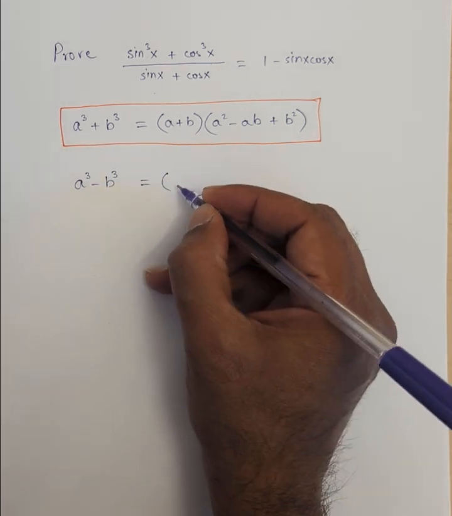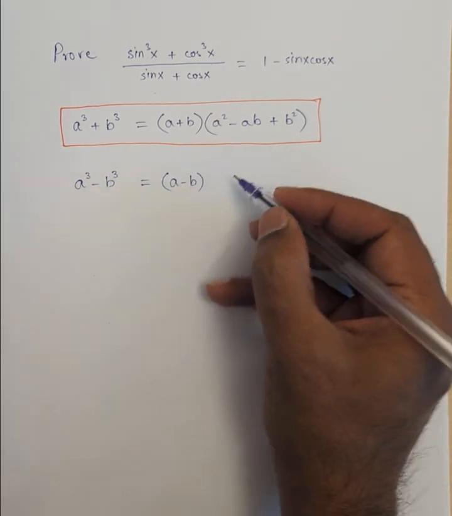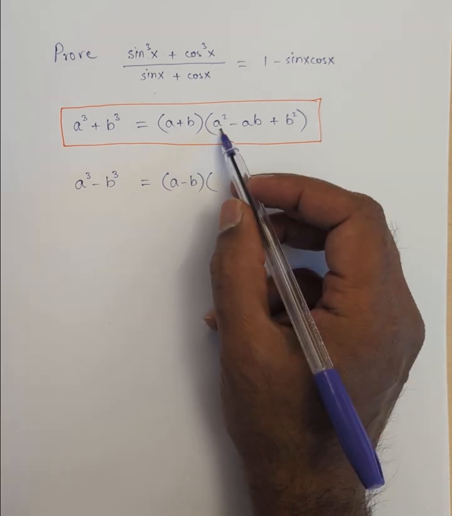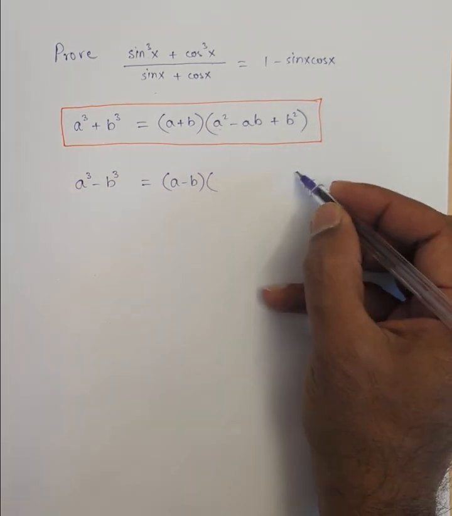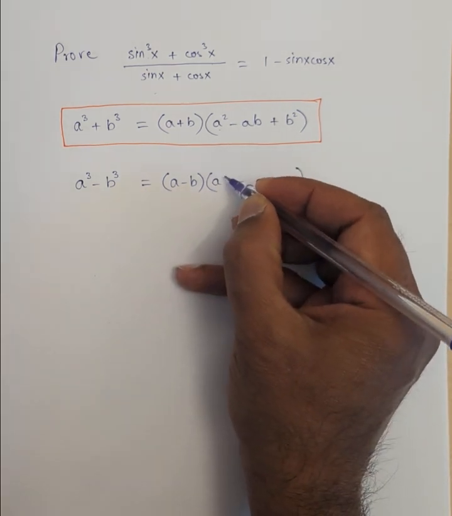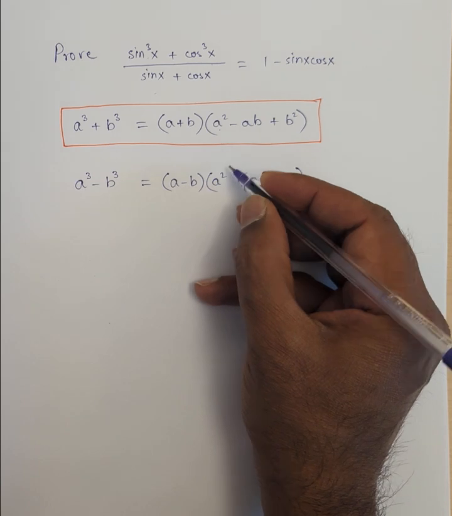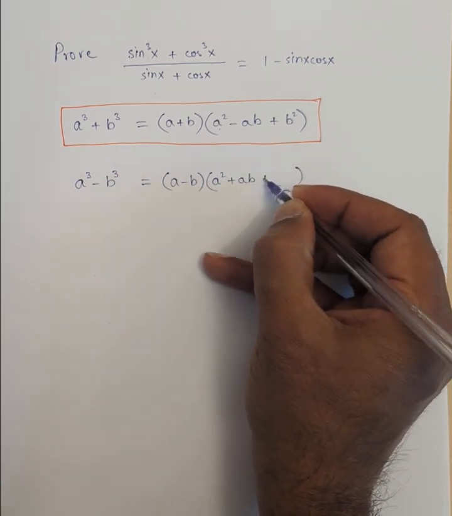Here there will be a binomial factor of a minus b. And then there was a trinomial factor here, a square minus ab plus b square. There will be a trinomial factor here also, but this time it would be a square plus ab plus b square.